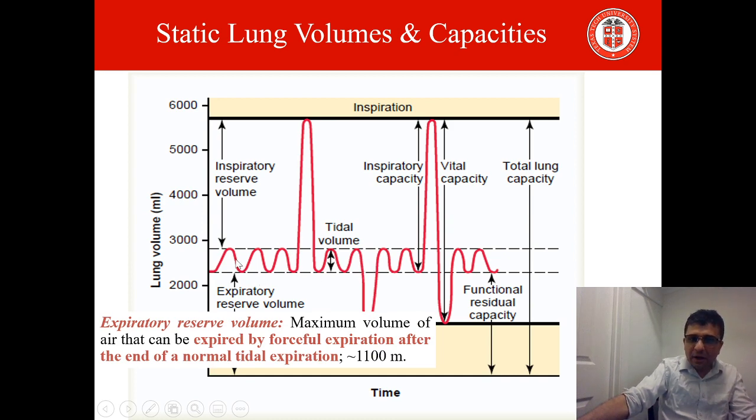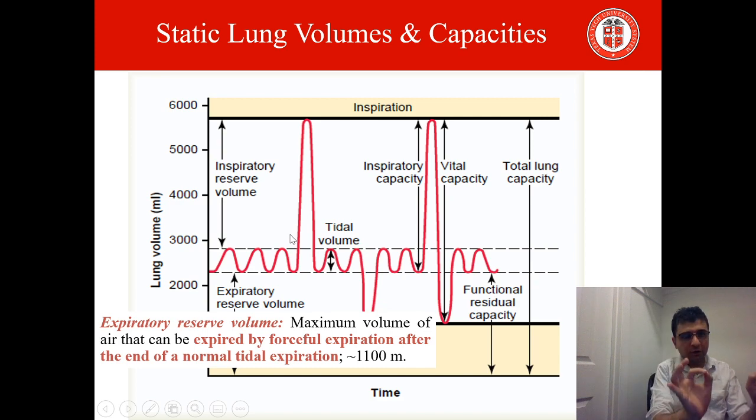So beware that we are not talking from this point. We are talking from this point, end of expiration, maximum amount of air exhaled. Top of inspiration, maximum amount of air inhaled is IRV, and the previous one was ERV. These are the three volumes.